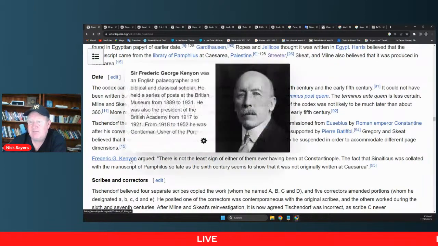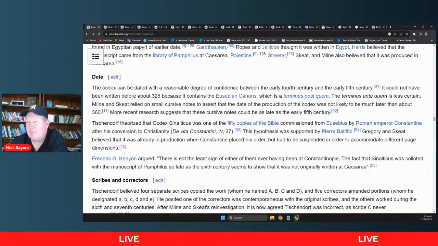Frederick Kenyon argued there is not the least sign of either of them having been at Constantinople. The fact that Sinaiticus was collated with the manuscript of Pamphilus so late as the 6th century seems to show that it was not originally written at Caesarea.